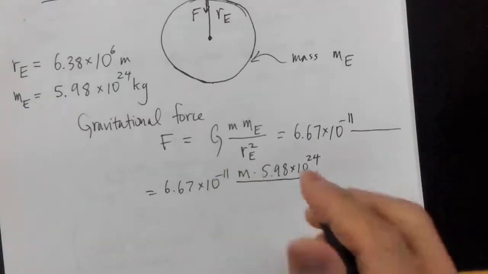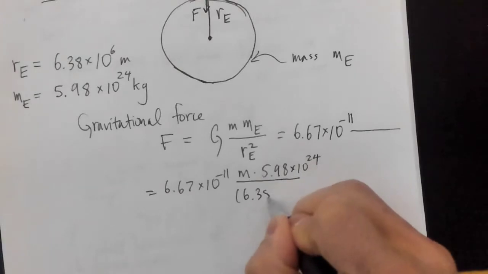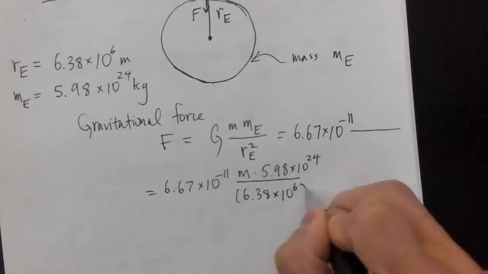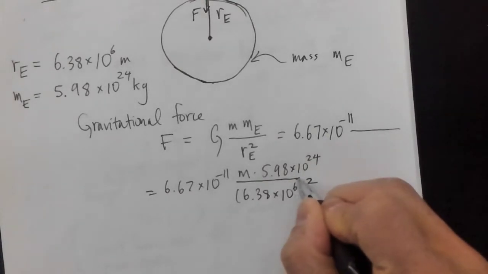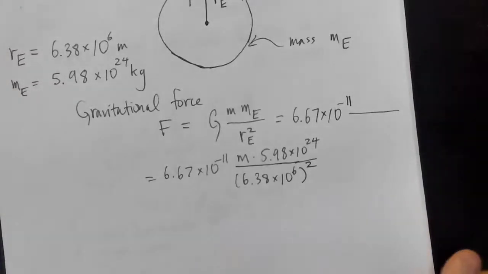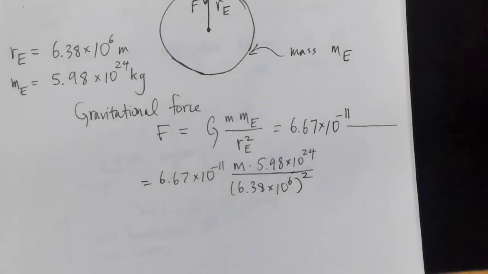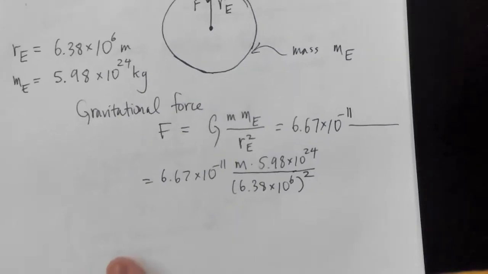And for the radius of the Earth, I said 6.38 times 10 to the 6th. So I've done everything in standard SI units. And then I have to square it for the R squared.